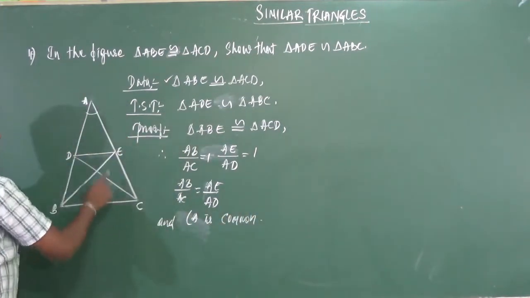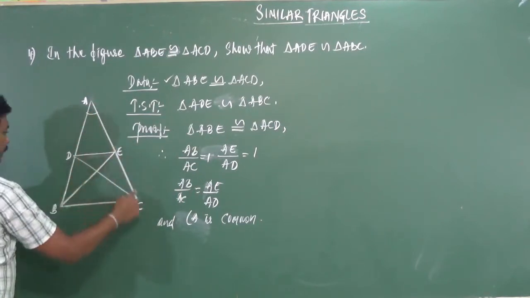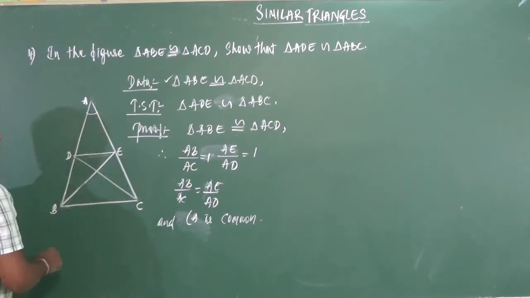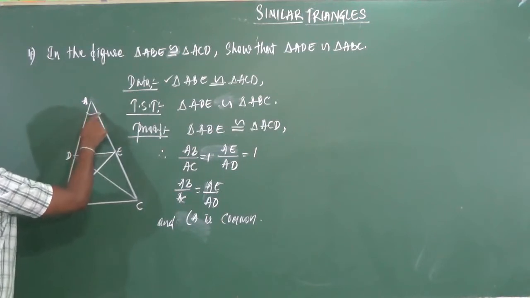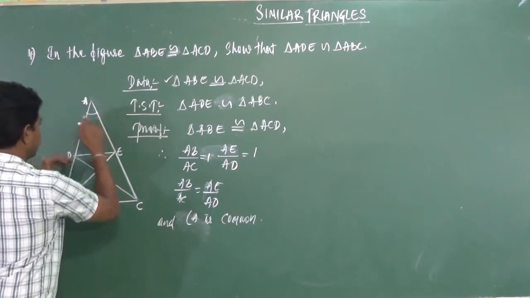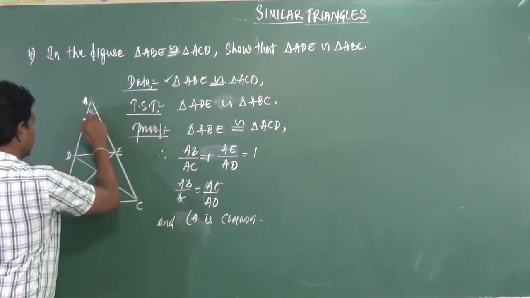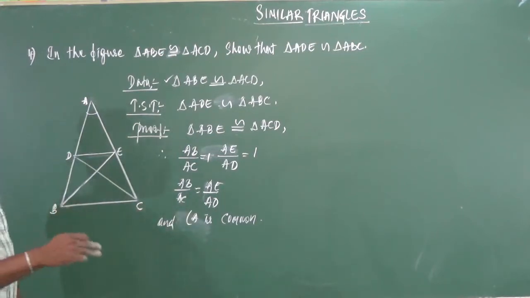So AB by AC in triangle ABC and angle A, and AE by AD and angle A in triangle ADE. Two sides and an included angle of one triangle and two sides and an included angle of the other triangle are proportional. That is, sides are proportional and angles are equal.